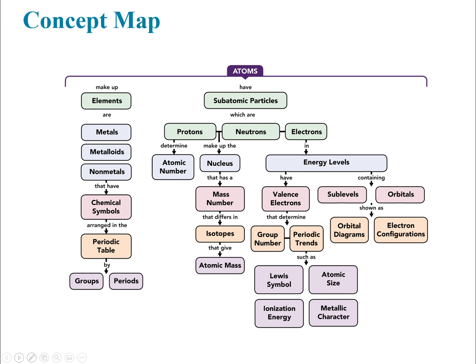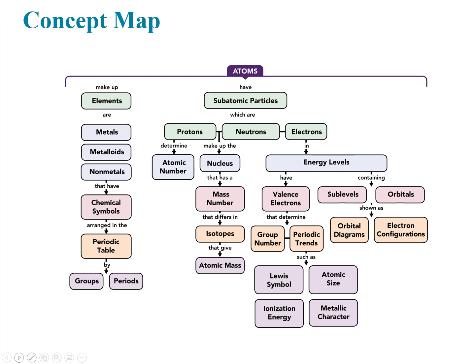The last slide for each of these chapters is going to be a concept map. This concept map, I'm not going to go through it all, but it will help you place some of the vocabulary words that we've gone over the course of the whole chapter, and place things into context and show how they're related to each other.